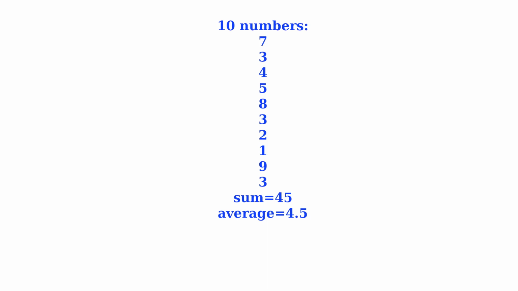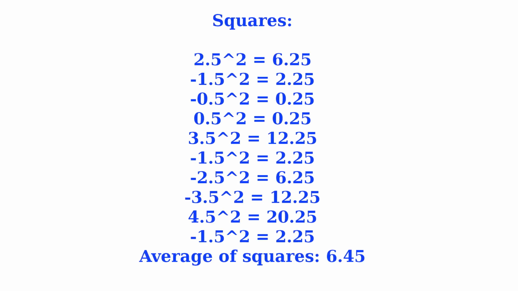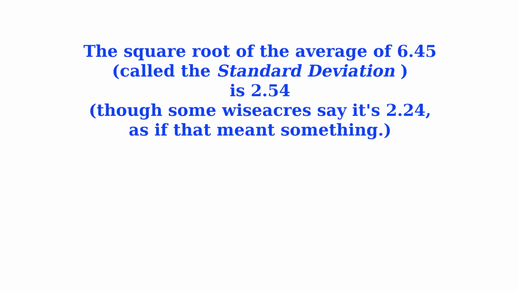To get an idea of the truth of the average, subtract the average from each value to get each deviation, square the result to make it positive, average the squares, and take the square root of the average.